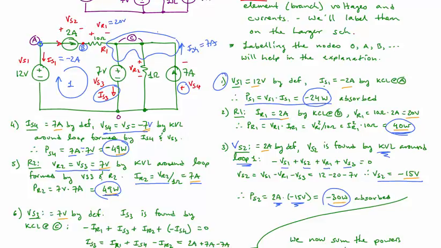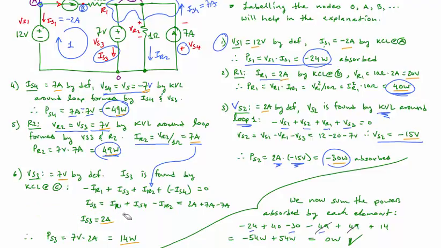We knew the 7 amps from the right, but we didn't know the current flowing down through the 1 ohm, the IR2. And so we couldn't solve for the current IS3 until we first knew IR2. And so now that we have IR2, we can bring that in over here in our KCL equation. And we solve for IS3 and find it to be 2 amps. 2 amps times 7 volts, 14 watts.